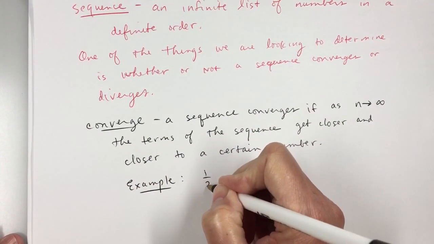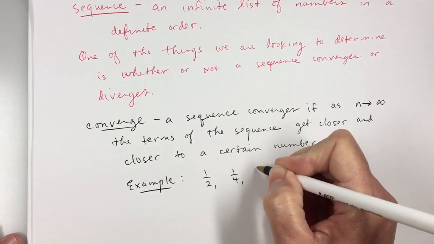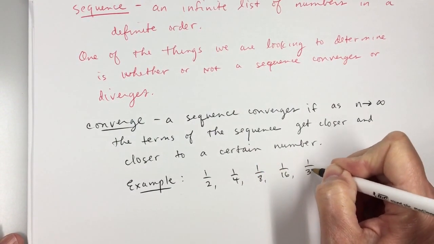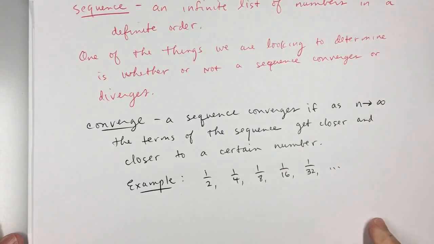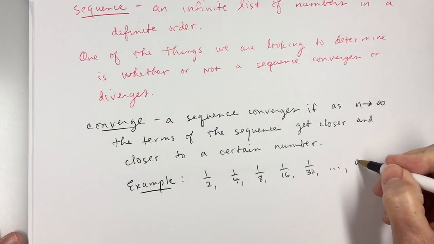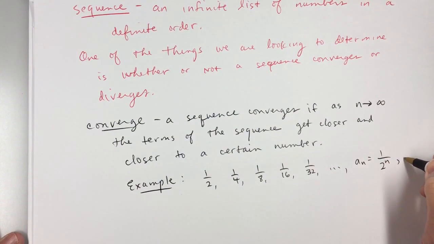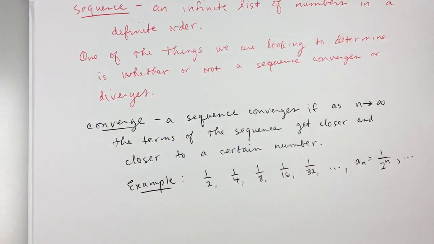How about this one? 1/2, 1/4, 1/8, 1/16, 1/32, ... a sub n is 1/2 to the n, with n starting at 1. Now, as n approaches infinity, this sequence is approaching what? 0. This sequence converges to 0.